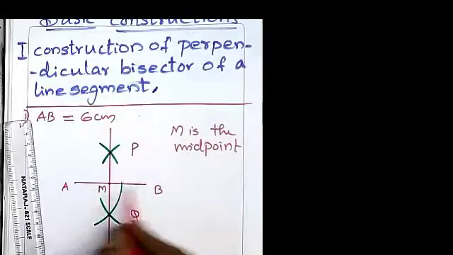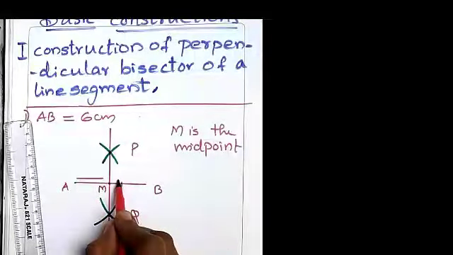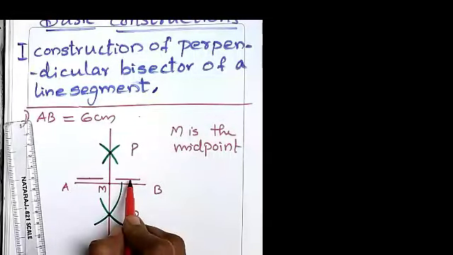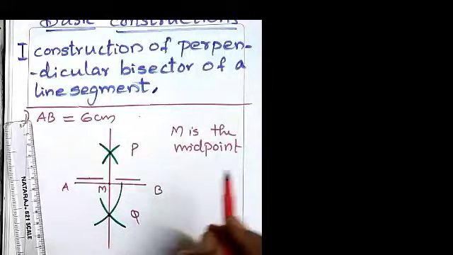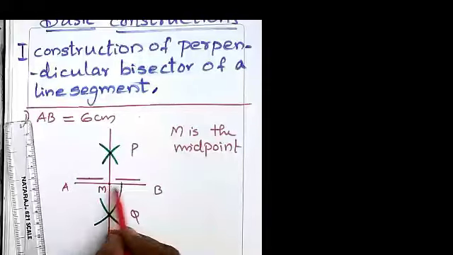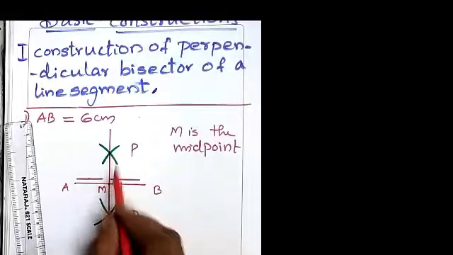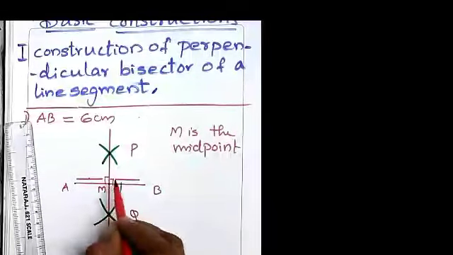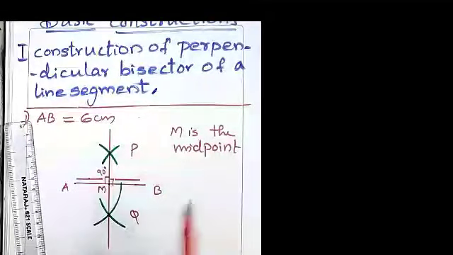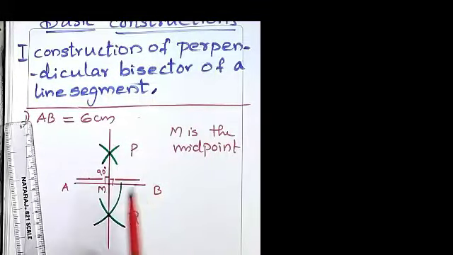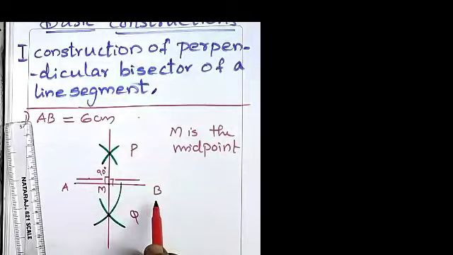And also we can say that AM equals BM. These two distances are equal. And also this angle PMB is 90 degrees. In the same way, angle PMA is also 90 degrees. That is, the line PQ is the perpendicular bisector of AB.